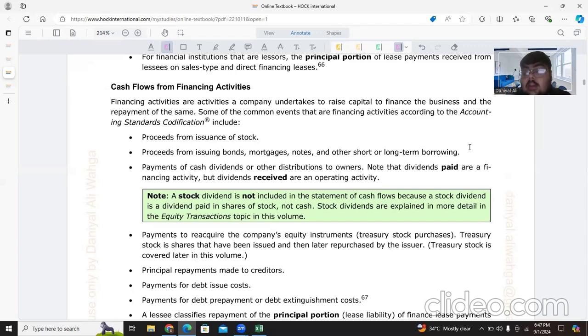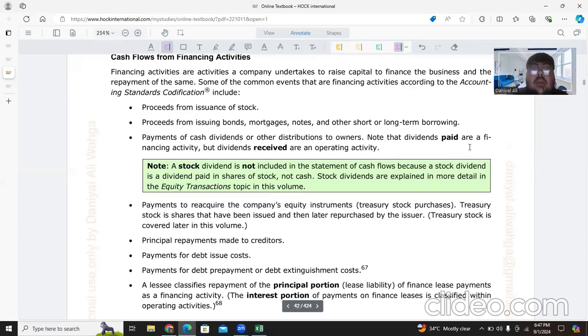Here is a list of activities. You get proceeds from issuance of stocks, proceeds from issuing bonds, mortgages, notes, and other short-term or long-term borrowings. You make payments of cash dividends or some distribution to the owners. Note that dividends paid are a financing activity, but dividends received are an operating activity.